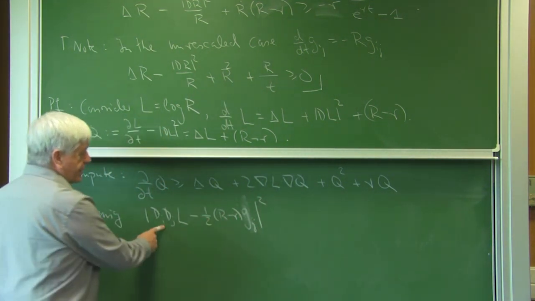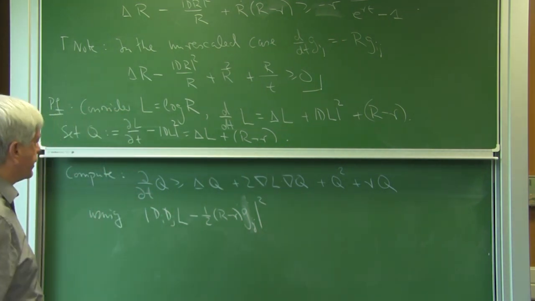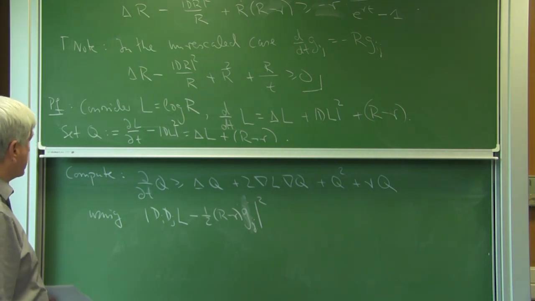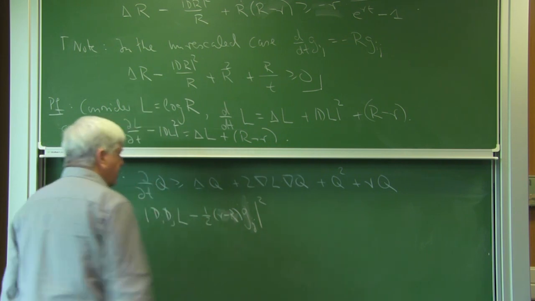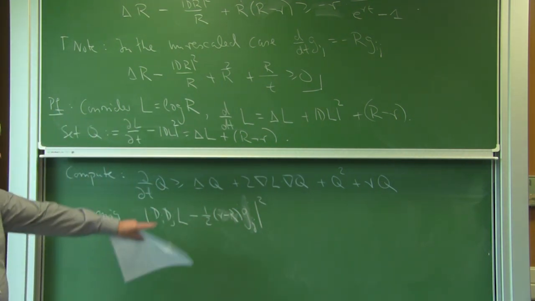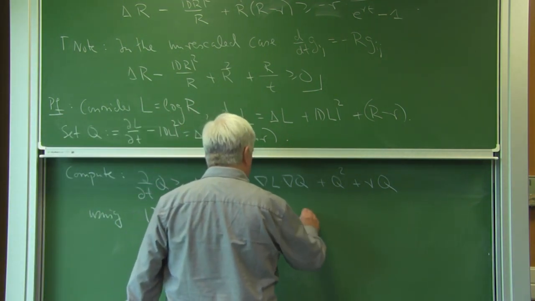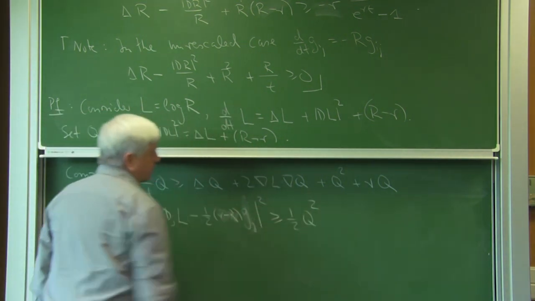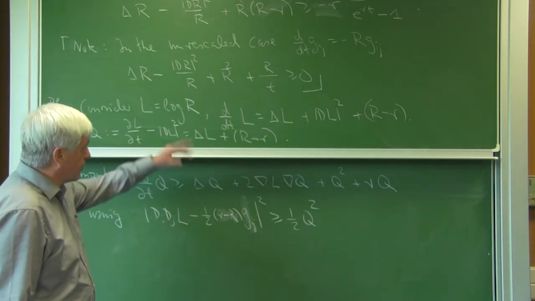The trace is just Laplacian L minus r minus little r, which is Q. And now this should be little r minus capital R, so that what I'm saying is correct. And we use that this is bigger than 1/2 Q squared. And then you end up with this inequality, because by the way you had this twice, of course, from this Bochner identity.